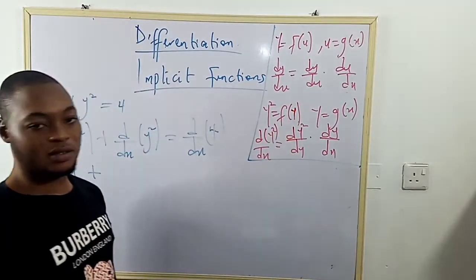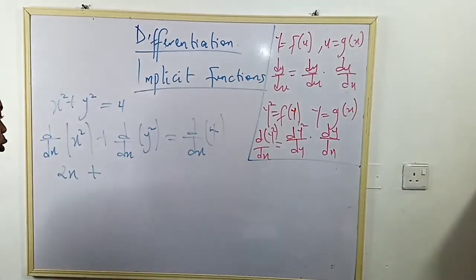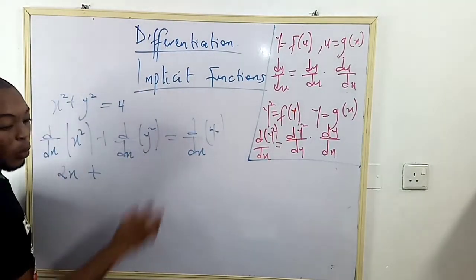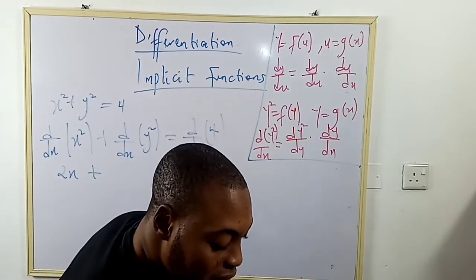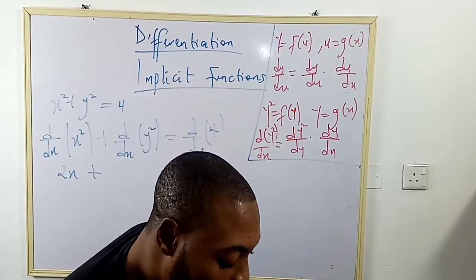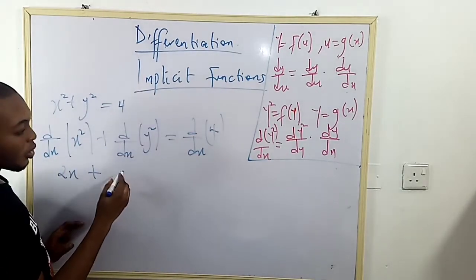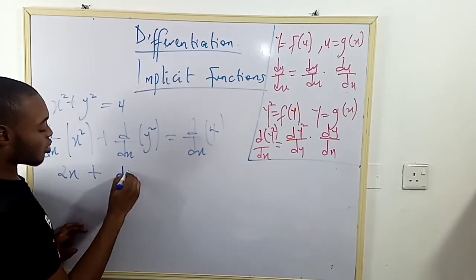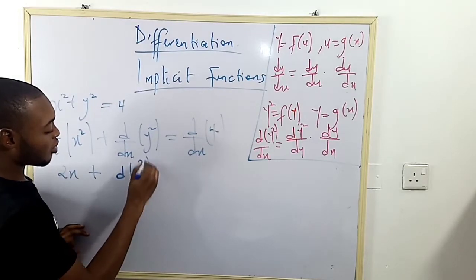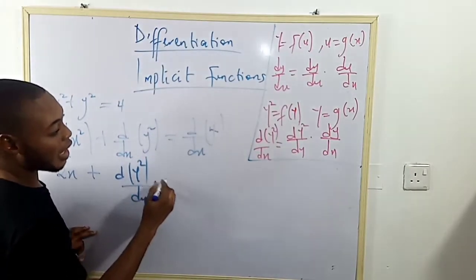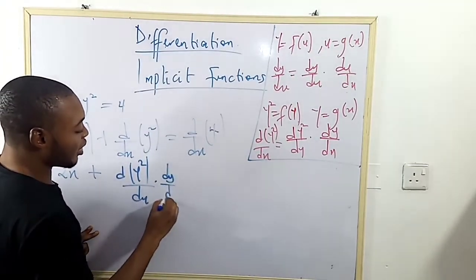You now multiply both together. You get that? So d/dx of y squared will be equal to d(y squared)/dy times dy/dx.